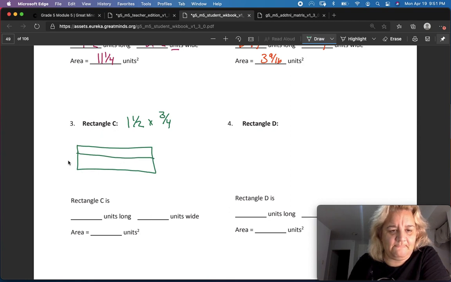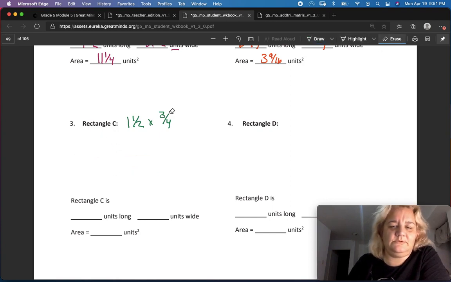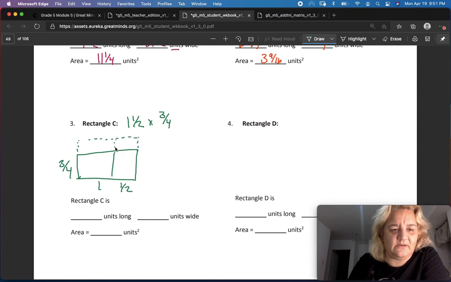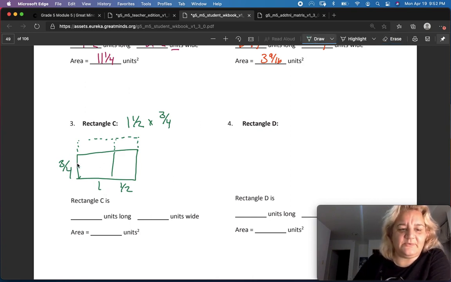Okay, 1 1/2. There's 1 1/2. And here, this whole thing is just 3/4. I could even draw in the rest, which would be a whole. And in each one of these little things, I'm going to multiply.